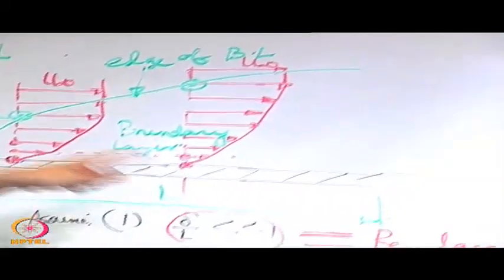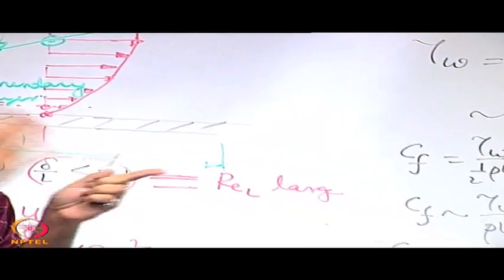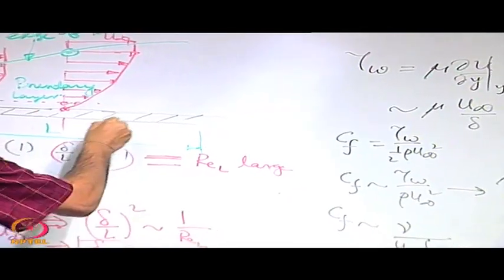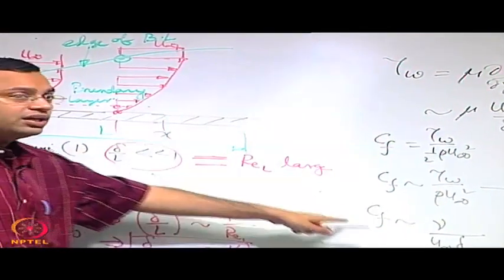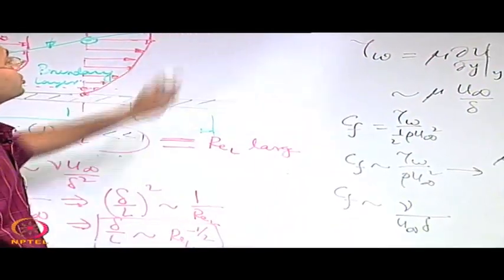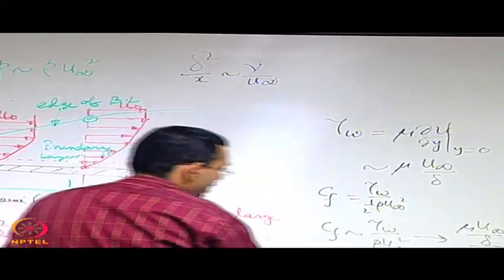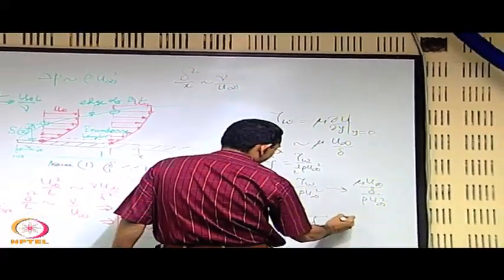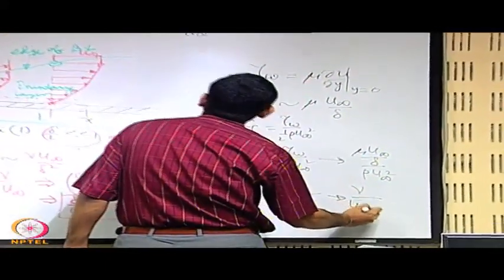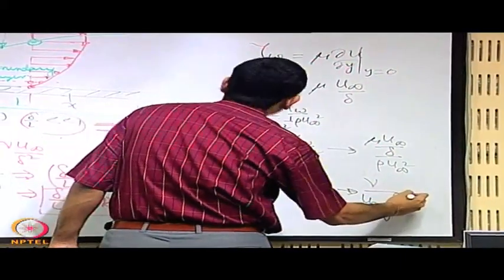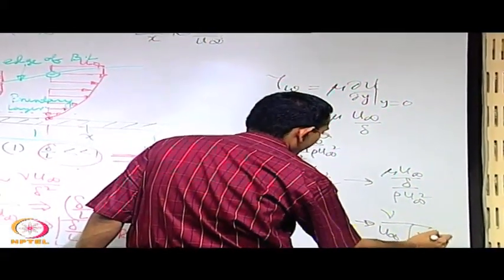So we are now trying to find out, at some local x, that is now our length L, what is the corresponding wall shear stress. So delta square by x is this one, so we can replace delta with nu by u infinity into square root of nu x by u infinity.